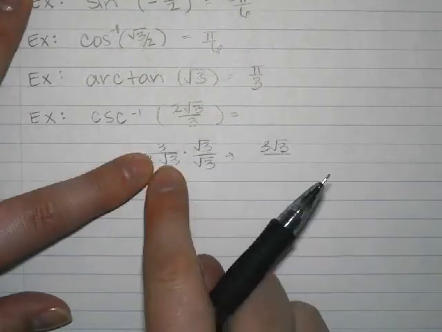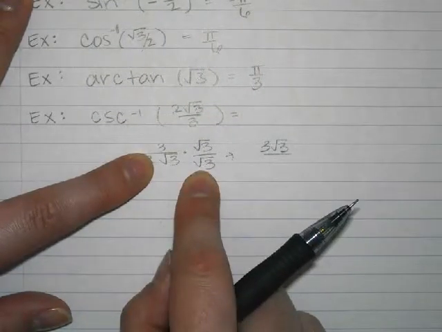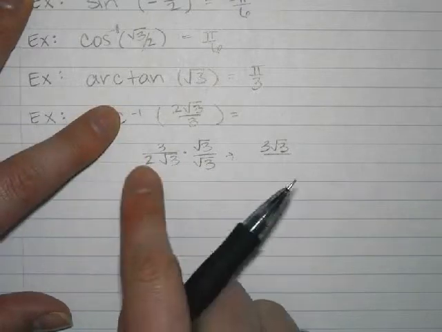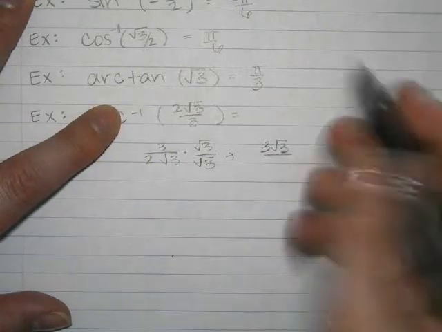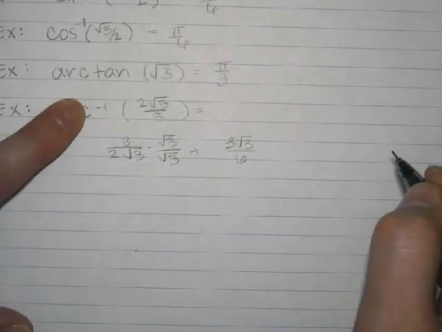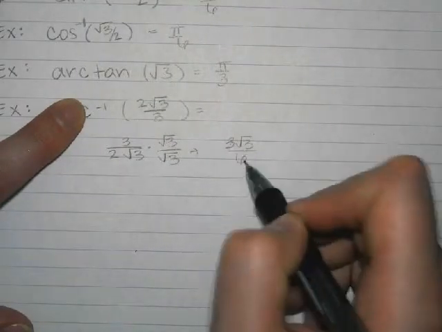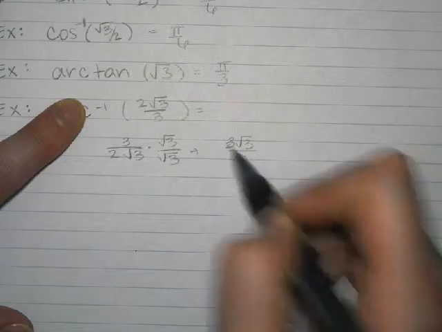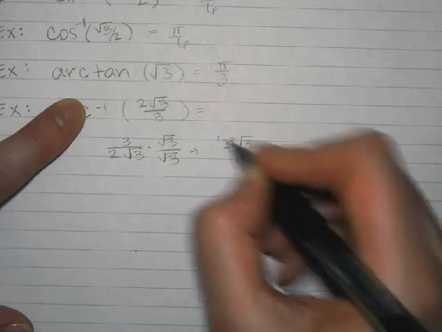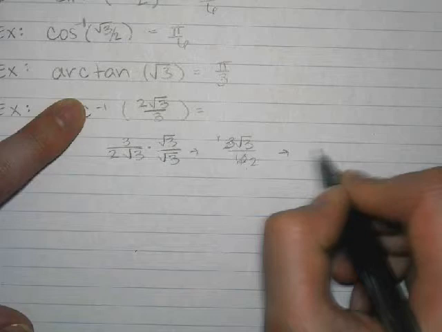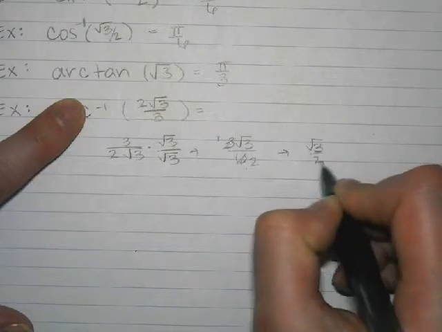And then what is root 3 times root 3? It's just 3. So we have 2 times 3, which is 6. Okay? Can we simplify that anymore? Yeah, what happens with the 3 over 6? 1/2, right? So the 3 becomes a 1, the 6 becomes a 2. So this is really root 3 over 2.